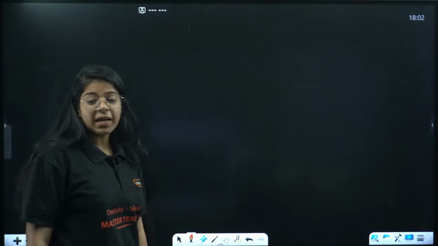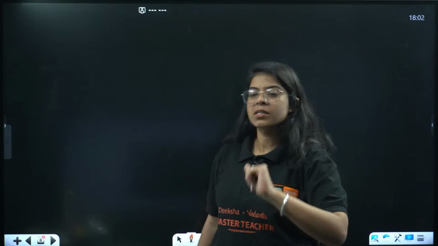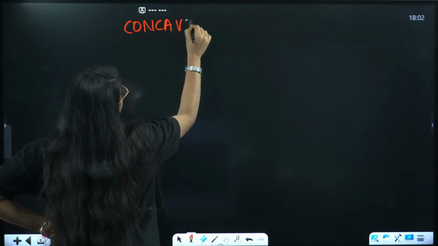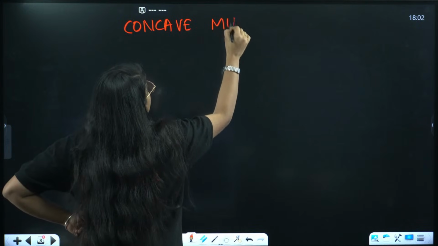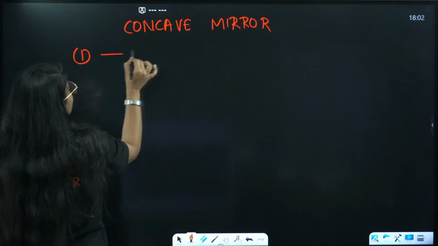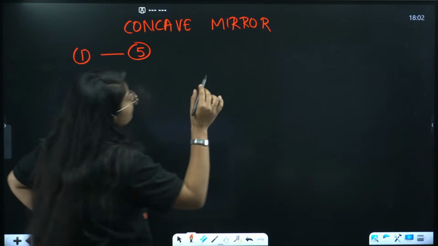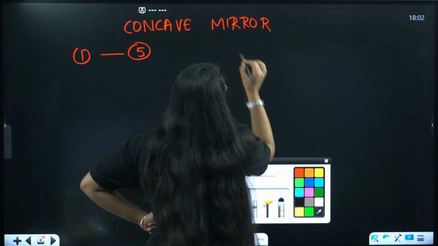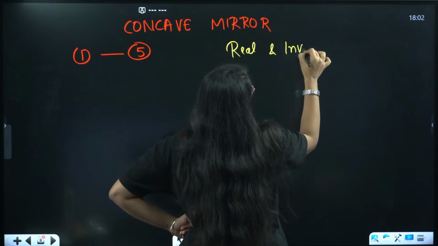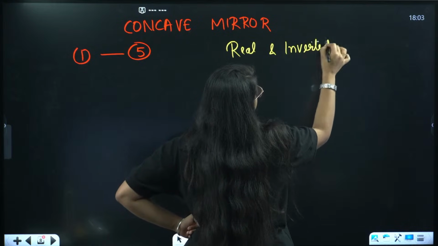देखो, अभी we'll do a quick summary of the concave mirror. ठीक है? Concave mirror. So first 5 cases, the image will be real and inverted. ठीक है? Done है.